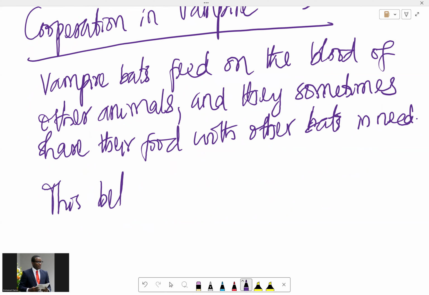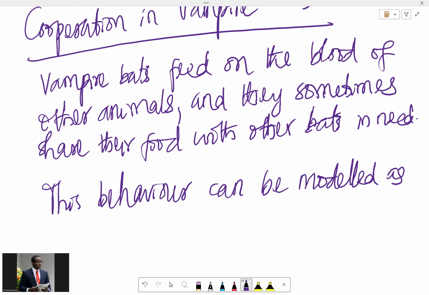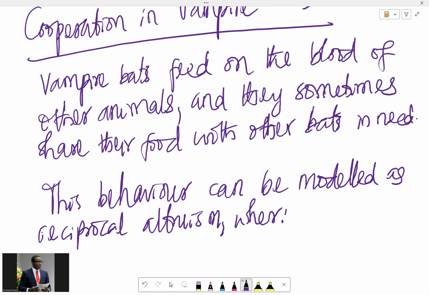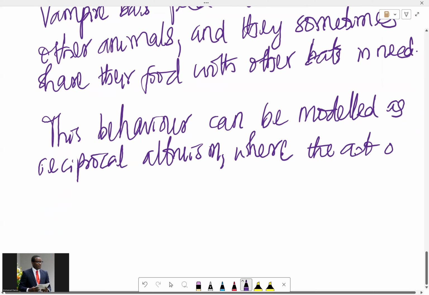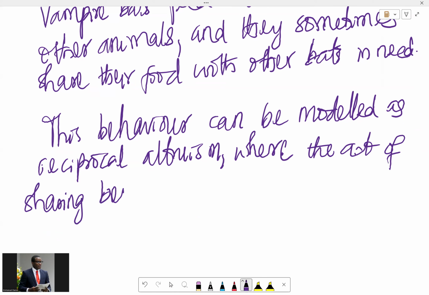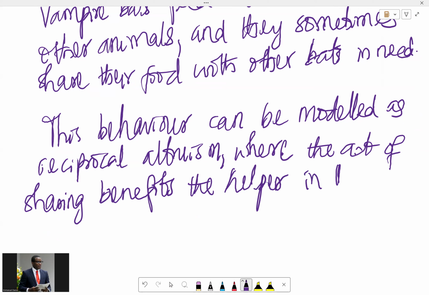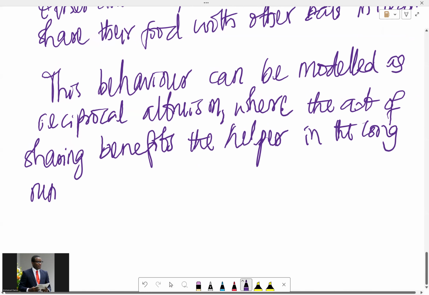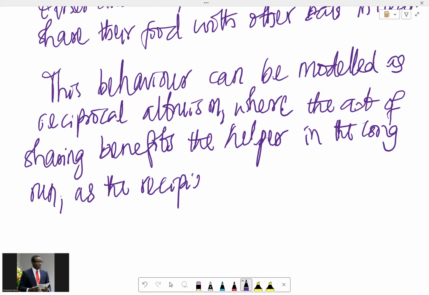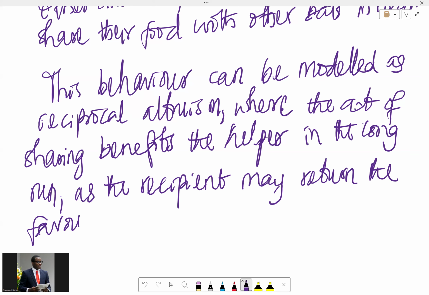So this behavior can be modeled as reciprocal altruism, where the act of sharing benefits the helper in the long run, as the recipient may return the favor in the future.